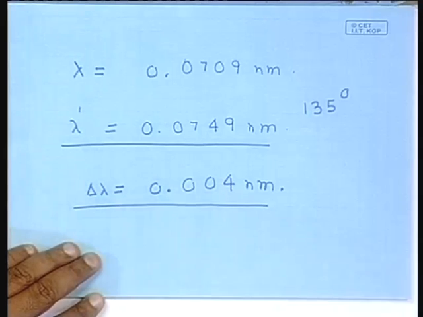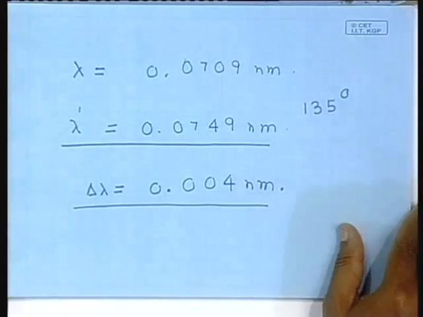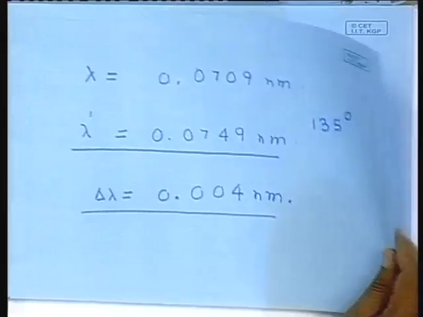You get exactly 0.004 nanometers. So, what we see is that the photon picture: if you wish to explain the Compton effect, you have to assume that the electromagnetic radiation behaves like a particle. This particle is called the photon.